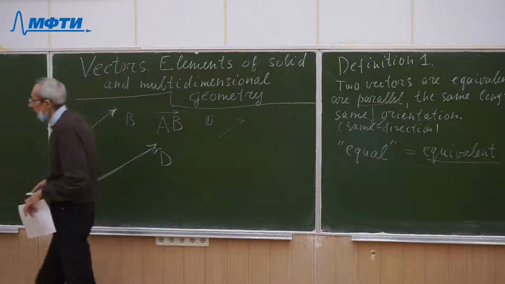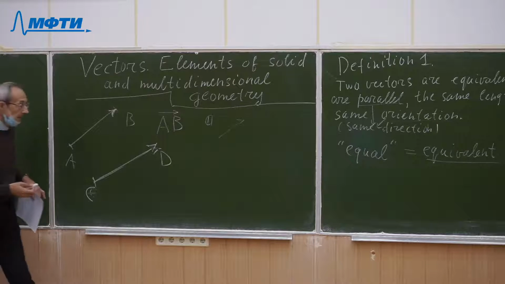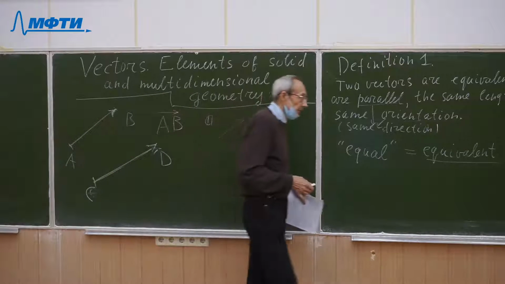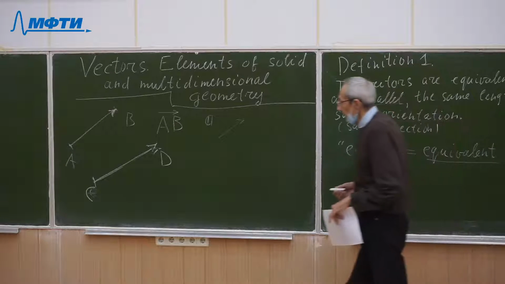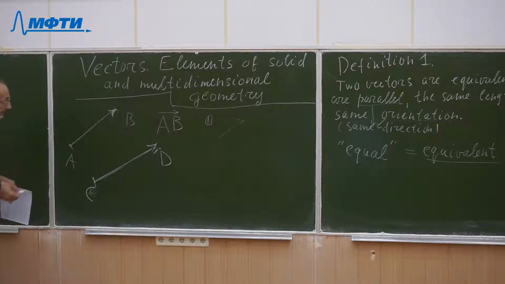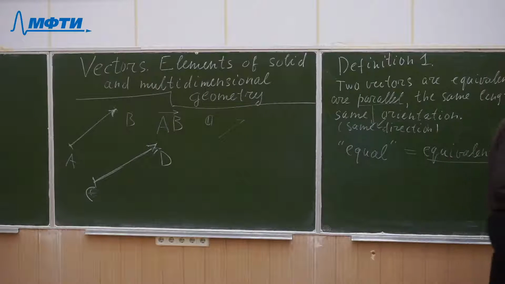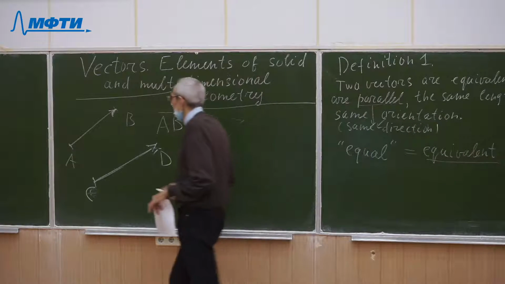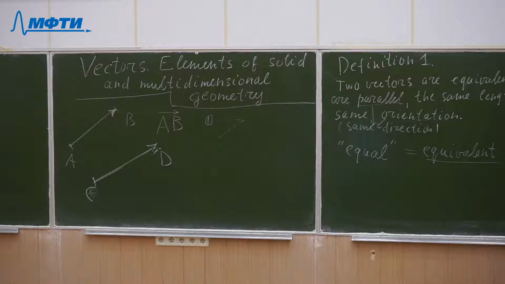We can identify the set of all equivalent vectors with some motion, with a transition. This observation helps us understand better the notion of vector. The other definition: the vector is a transition in the space.